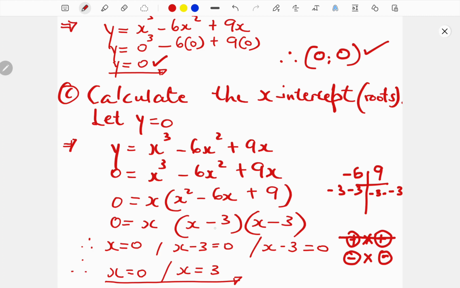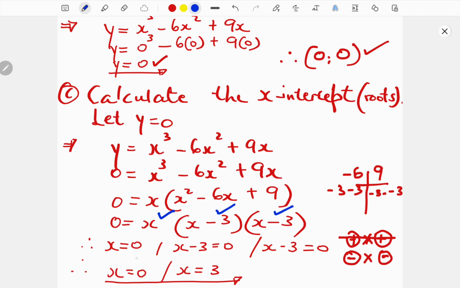So what does that mean? It means the factors are (x - 3) and (x - 3). So we've got 0 = x(x - 3)(x - 3). Also, this x is a factor, because it was taken out from this equation. Then we're going to say, therefore, x = 0, or x - 3 = 0, or x - 3 = 0.